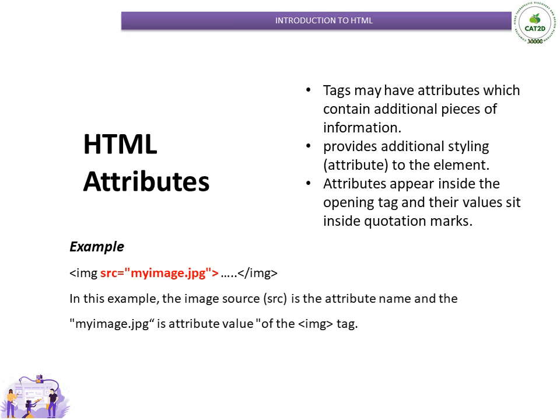That's the source, and that's the attribute name, while the name of the image and the location is the attribute value. The img here is the tag. The src is the attribute name, while that in quotation marks is the attribute value. And they can come in different forms.